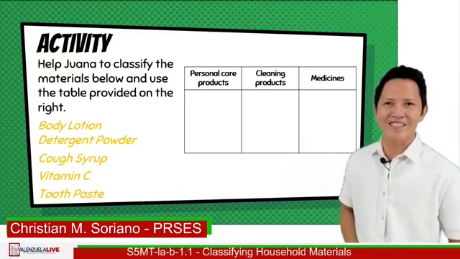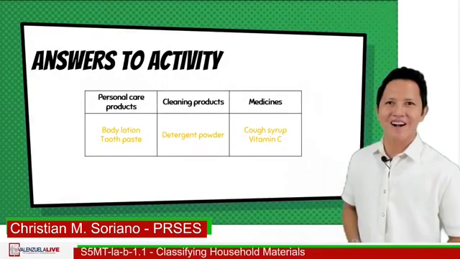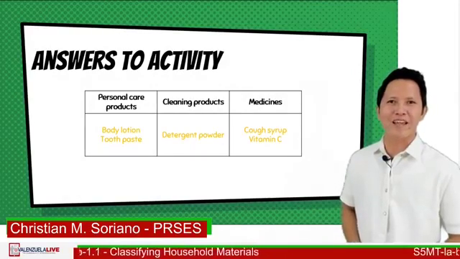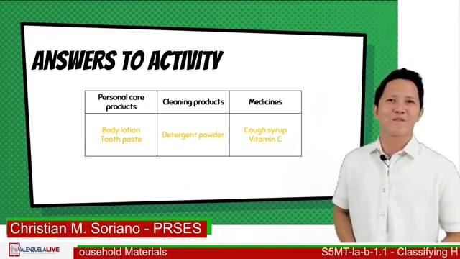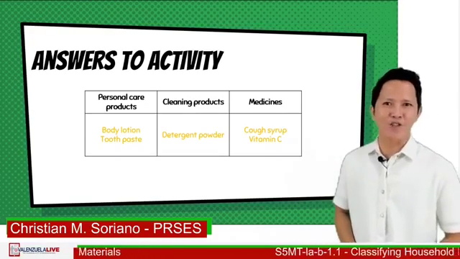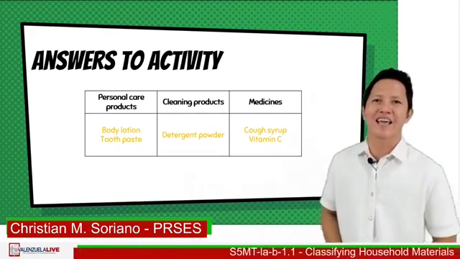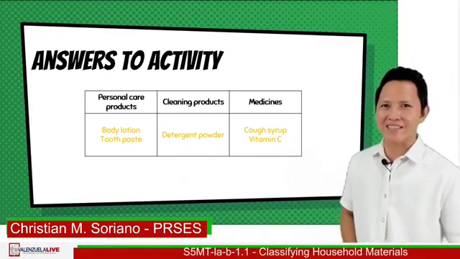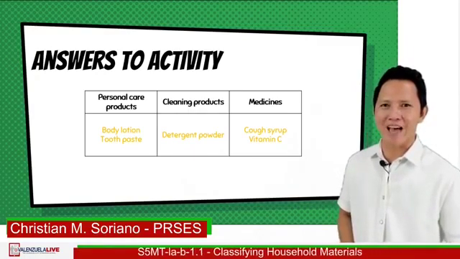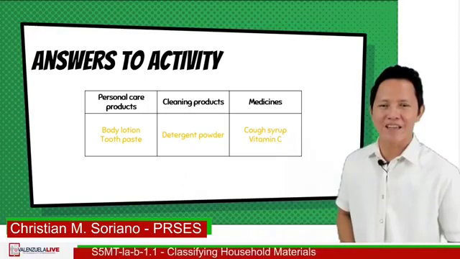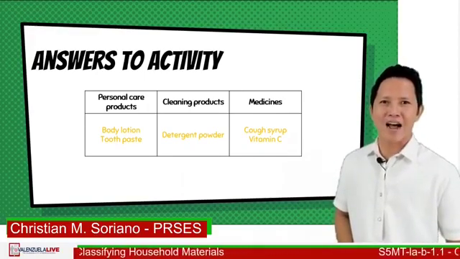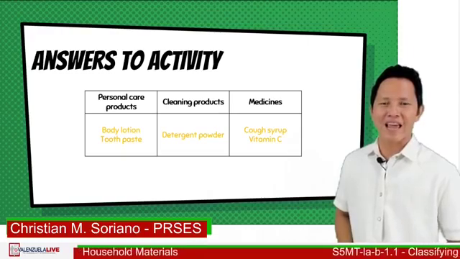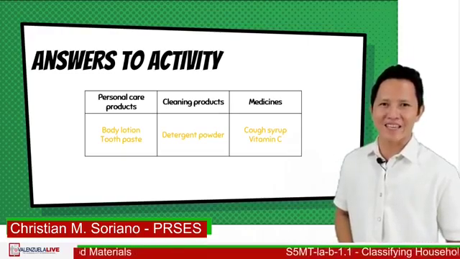These are the answers. For personal care products, Juana must have body lotion and toothpaste. For cleaning products, she must have detergent powder. And for medicines, she must have cough syrup and vitamin C.